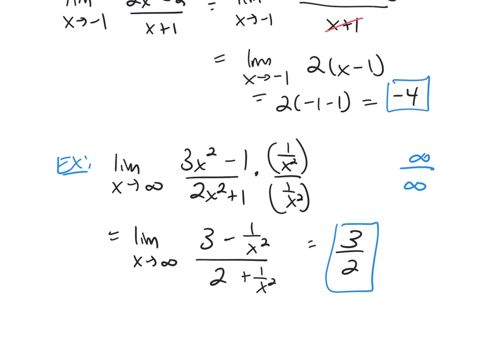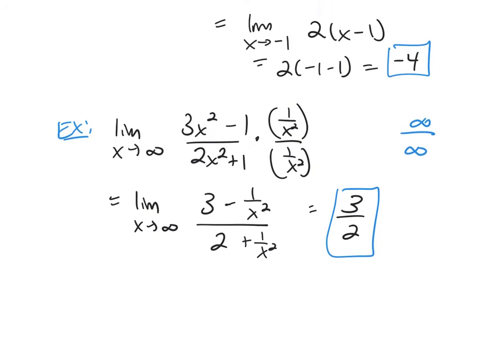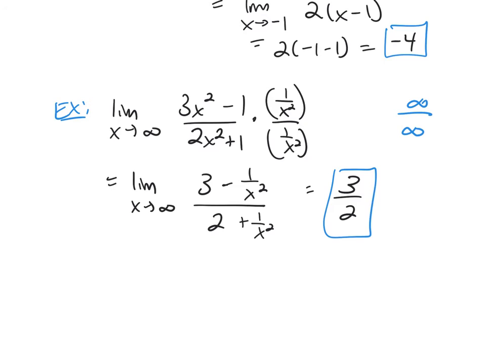So that's how we dealt with these limits previously, is we would either factor them like the first problem, or in this case we multiplied and simplified till we could calculate an answer.